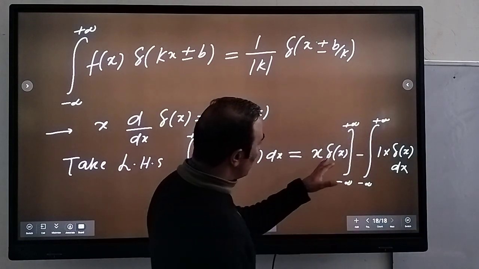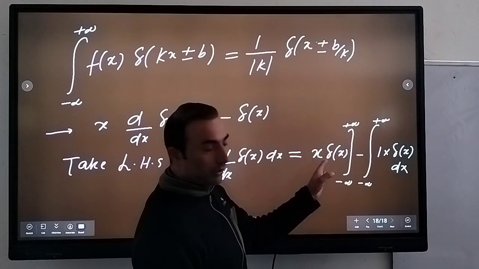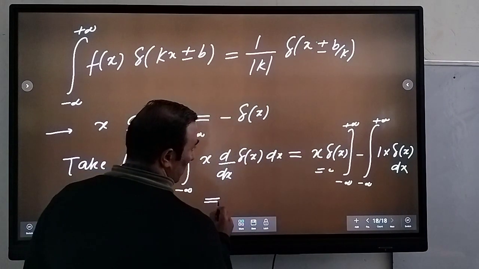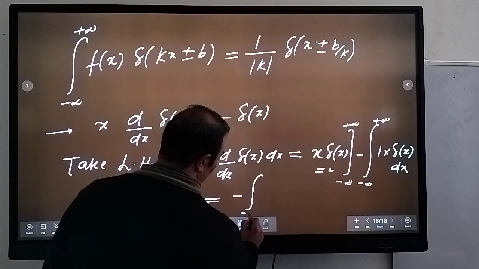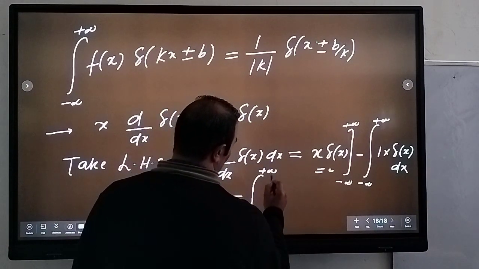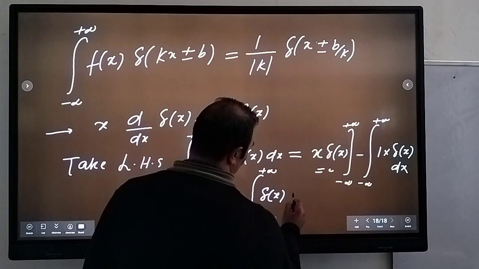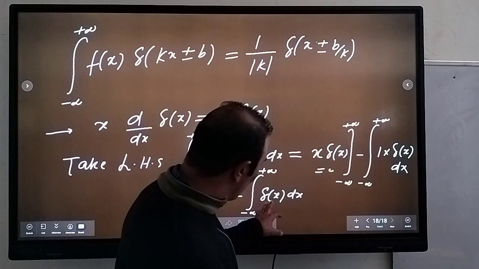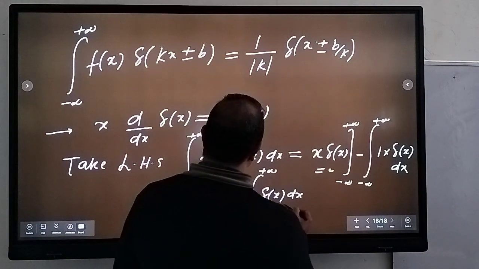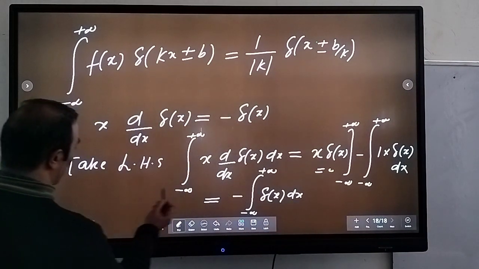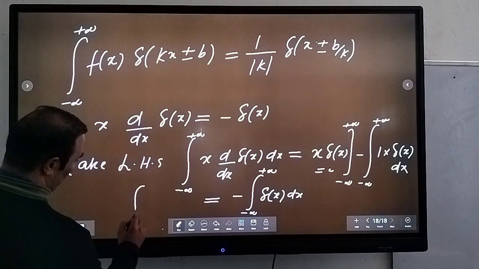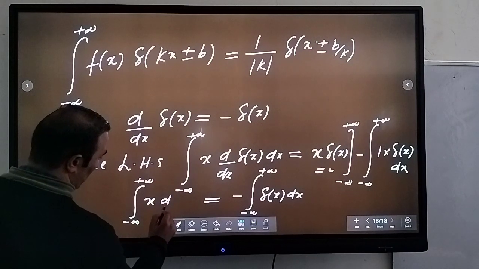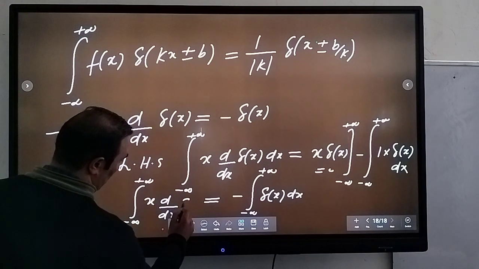When you take its limits, this should be equal to 0, right? And this will be equal to minus into plus infinity. Now using the first property of the delta function, this should be equal to 1, right? So this is equal to minus into plus infinity, x d by dx of delta of x.